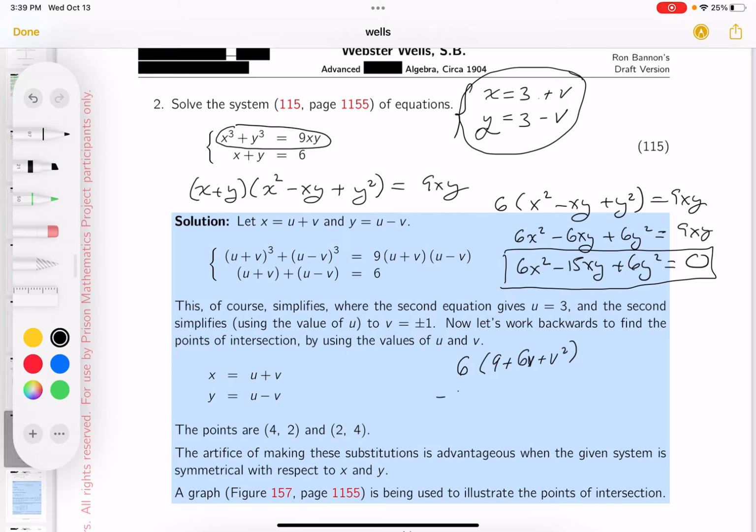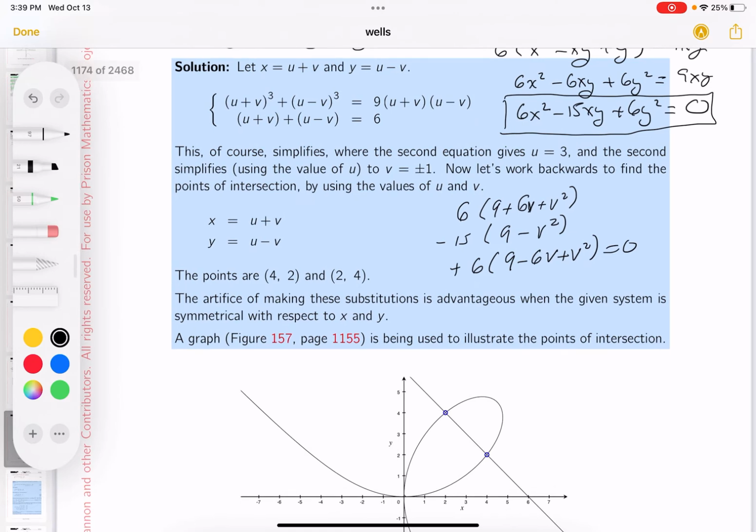Minus, I'll write this right below it, x times y. Well, that's going to be 9 minus v squared. Again, we're looking at this. Plus 6y squared. That's going to be 9 minus 6v plus v squared. That equals 0.